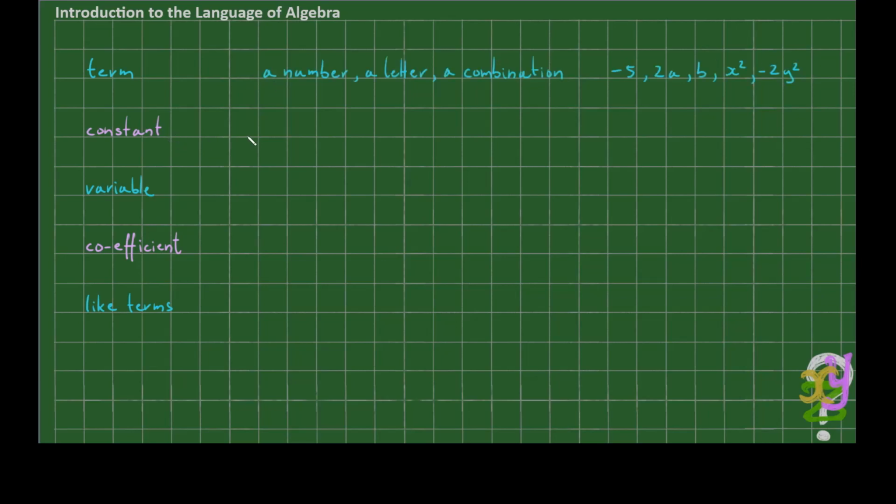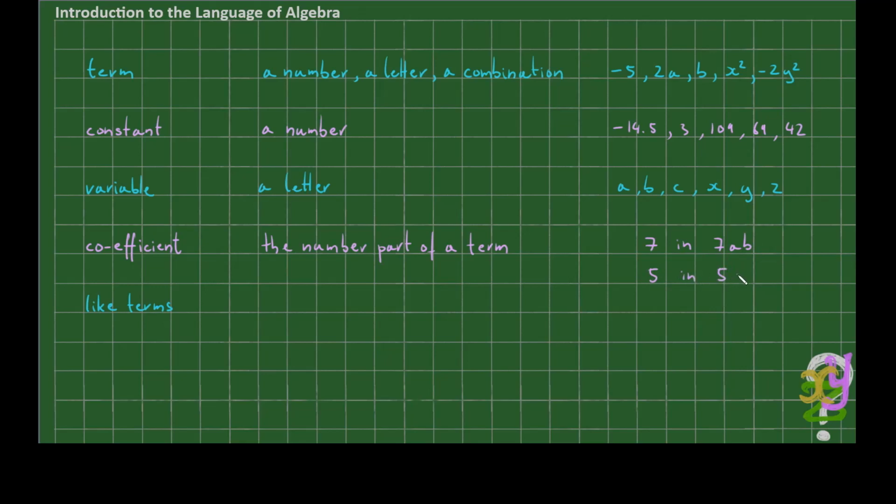A constant is just a number. A variable is just a letter. A coefficient is the number part of a term. For example, 7 in the term 7ab or 5 in the term 5c squared. And finally, in this list of words, we have like terms.